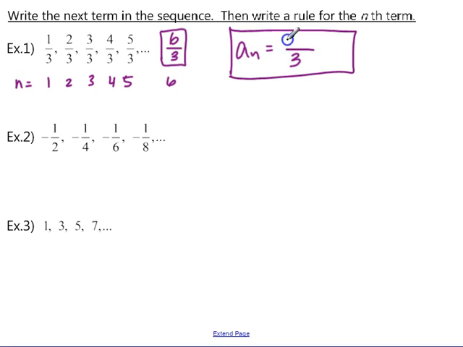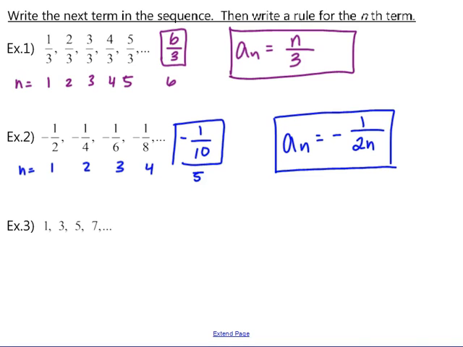So if we want to know what our nth term is, we just have to substitute that number n for our numerator. So here's our rule. A sub n, any term in the sequence, can be found by putting in that term number for our numerator over 3.